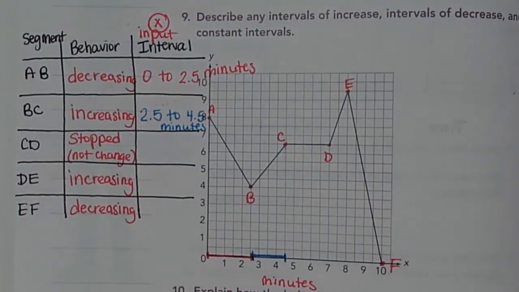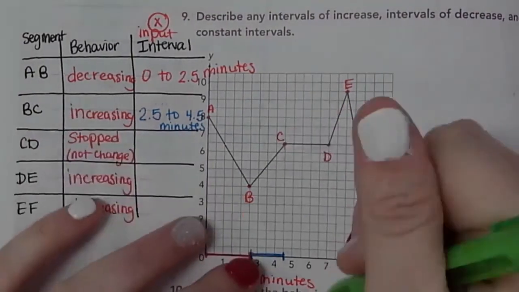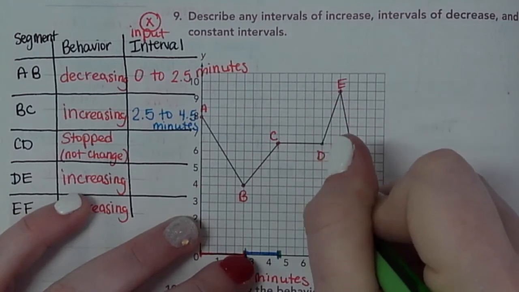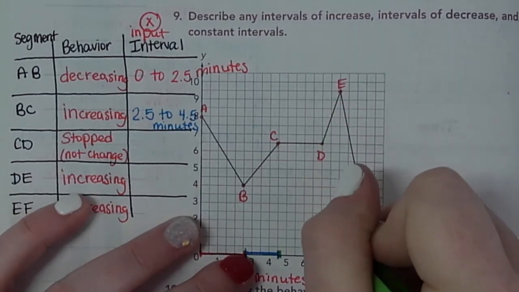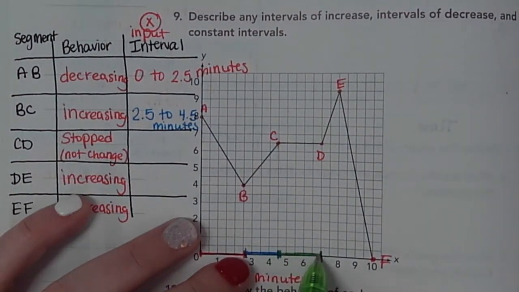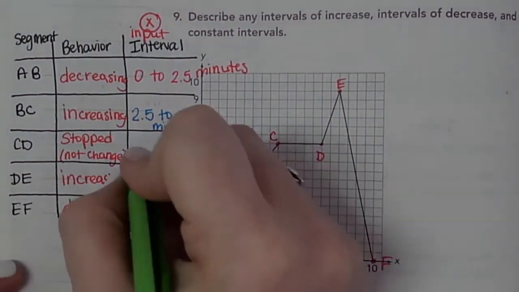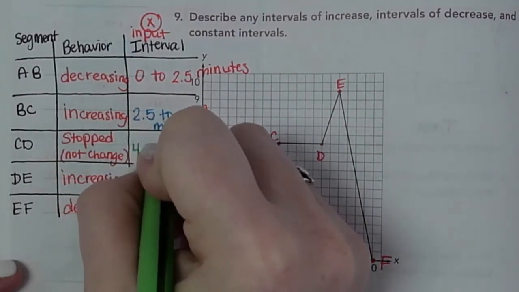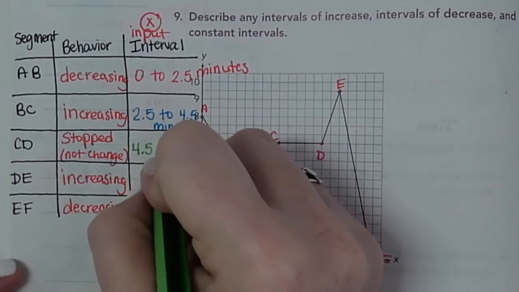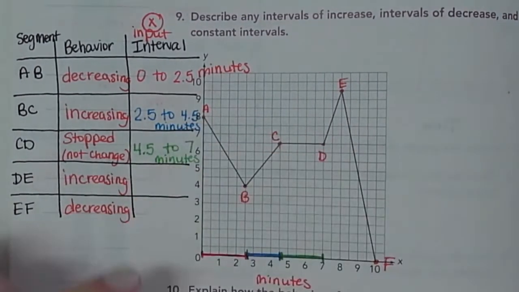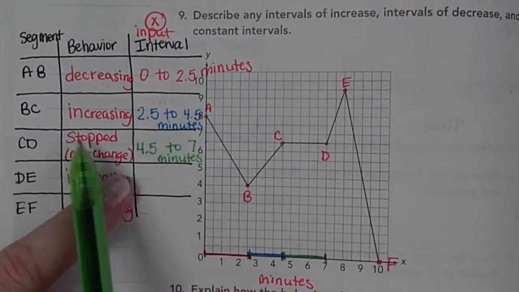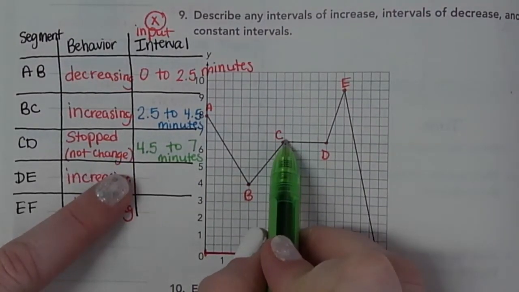Okay, the next part, let me get another color, is C to D, which is 4.5 to 7. So that's like saying from 4.5 to 7 minutes, they are stopped. They're not moving for this part of the graph.